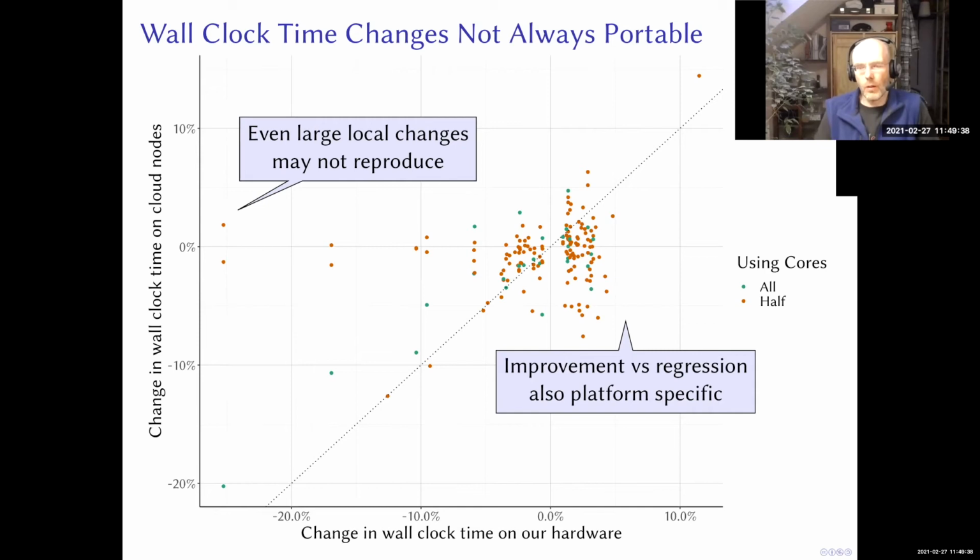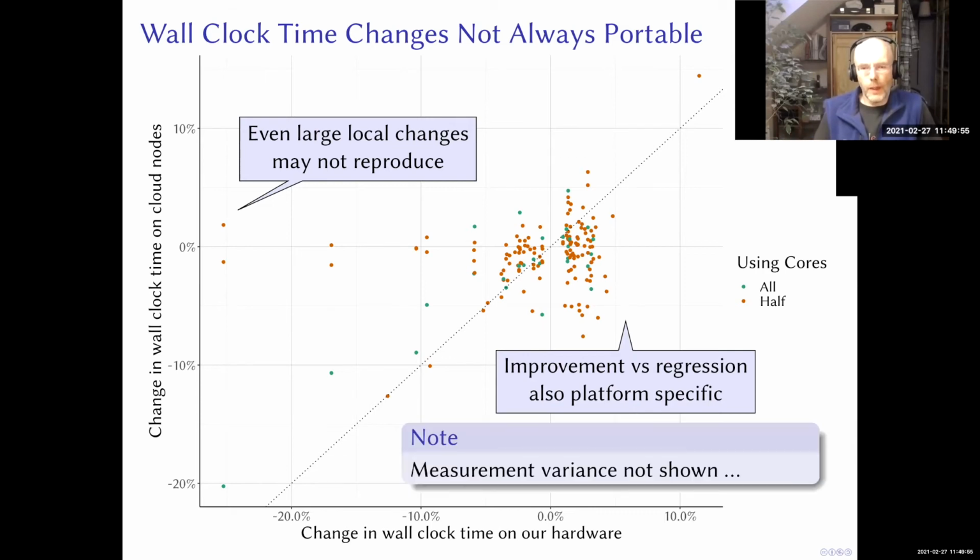So that again complicates things a little bit in the reporting phase, because what we see may not be a universal observation. And obviously trying to measure each change on many, many hardware platforms again is too expensive. So that's a bit of a problem. By the way, this plot doesn't show variance, so I don't like it so much, but it is somehow informative.